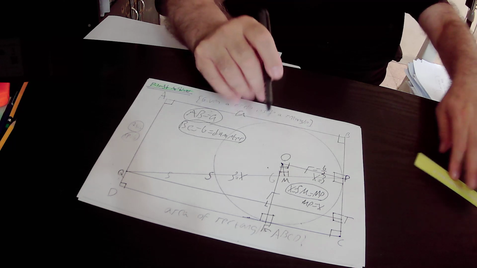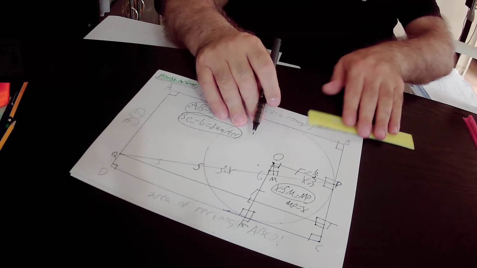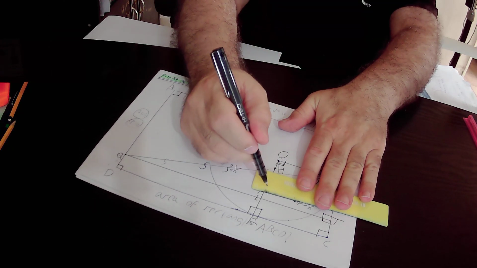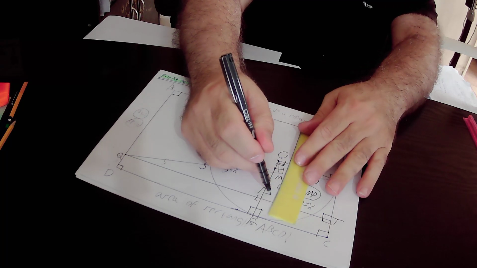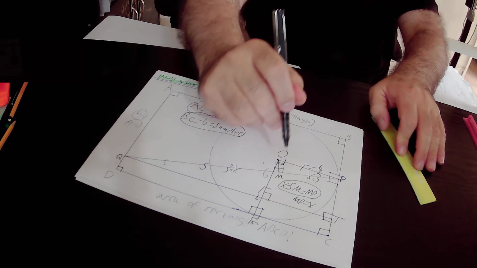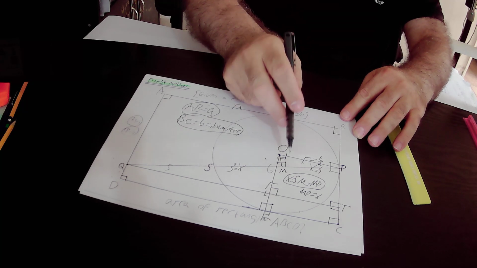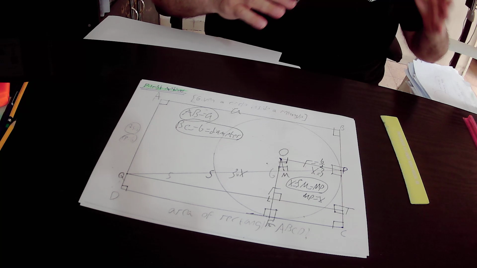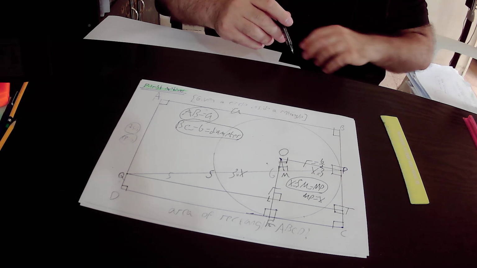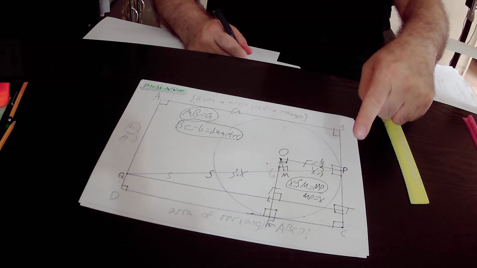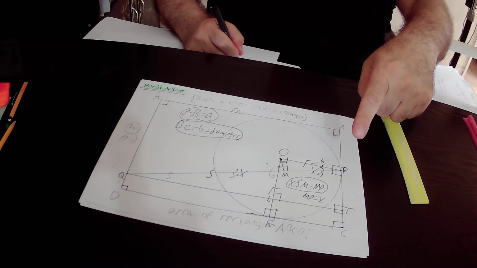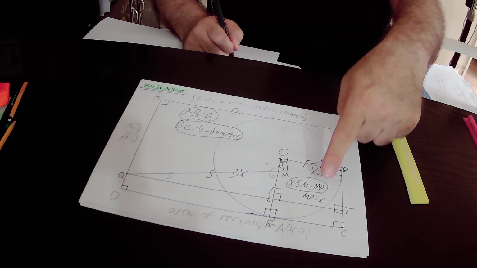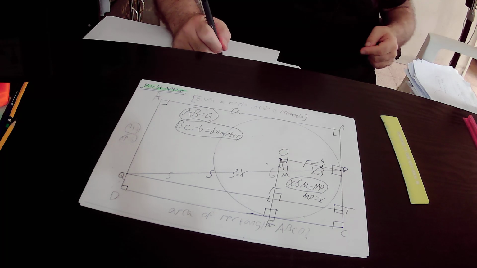Therefore, the fourth angle must also equal 90 degrees. This angle must be equal to 90 degrees. So actually, inside quadrilateral QPLT, we have 4 right angles. And any quadrilateral that has 4 right angles must be at least a rectangle, if not a square. So we will relate to this quadrilateral as a rectangle.